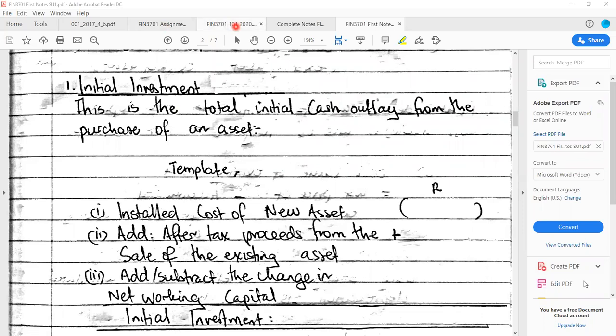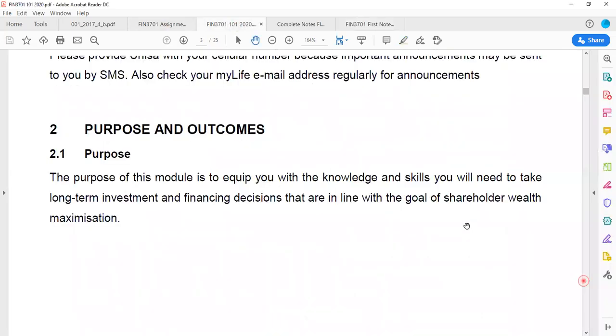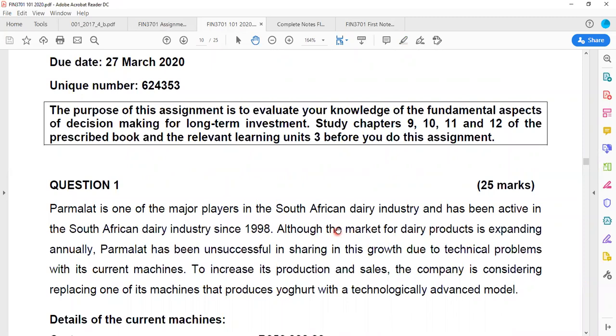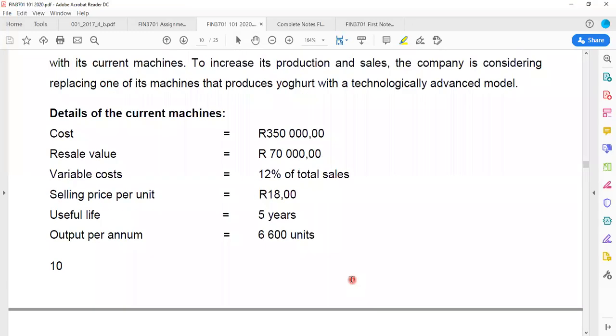1, assignment 1. This question right here, question number 1, semester 1, assignment 1. We're given a company that's been operating for a number of years, and this company wants to increase its production and sales, and they're considering replacing one of their machines that produces yogurt with a technologically advanced model.